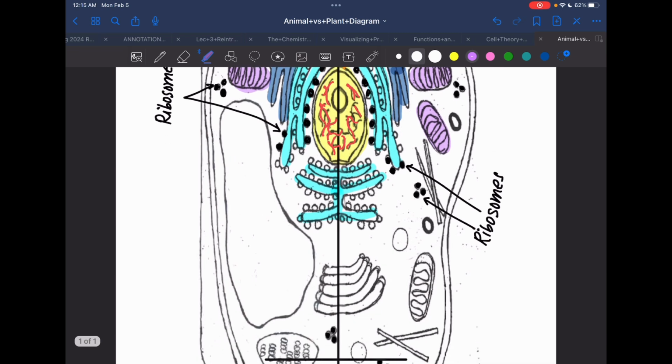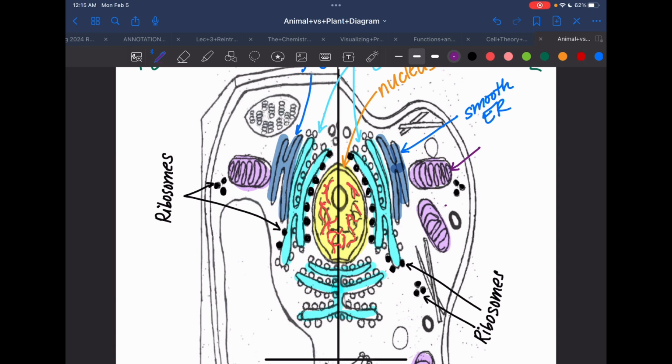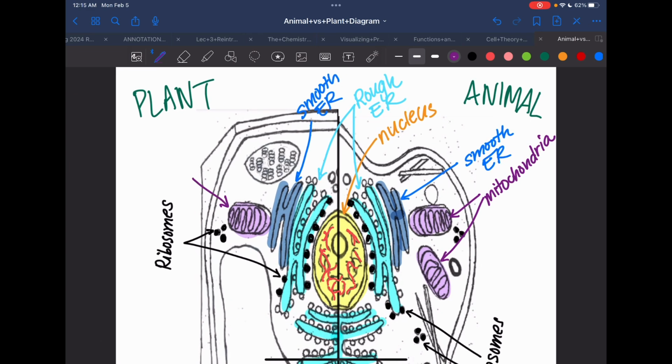Just make sure you know what that is. So look it up, what it means to be the powerhouse of the cell. And same thing, notice how they're also on the plant side and the animal side. So it's a very common misconception that plants don't have mitochondria, but they actually do, right? So mitochondria.